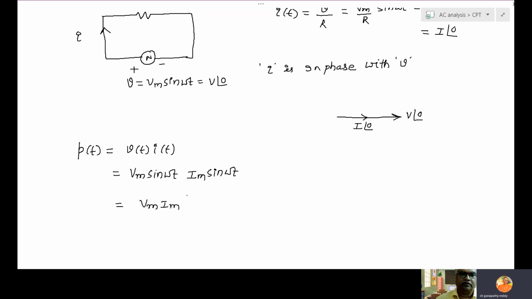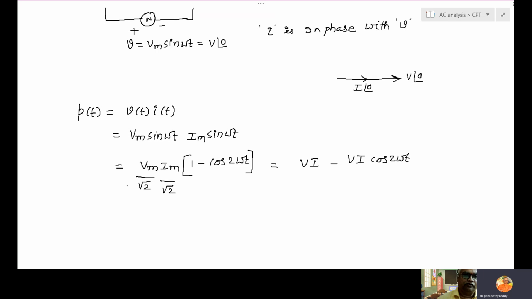Sin square omega t is (1 minus cos 2 omega t) by 2. Vm Im by 2 is root 2 into root 2, so it is equal to VI minus VI cos 2 omega t.